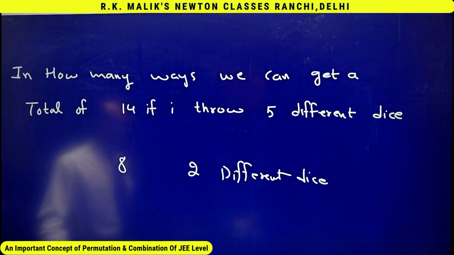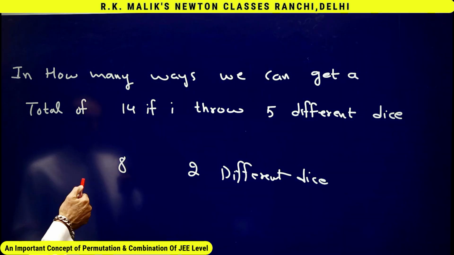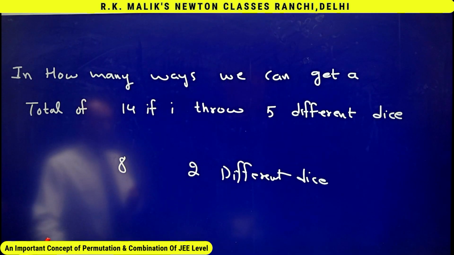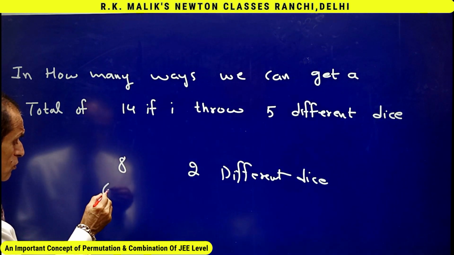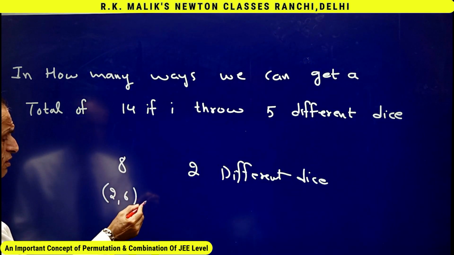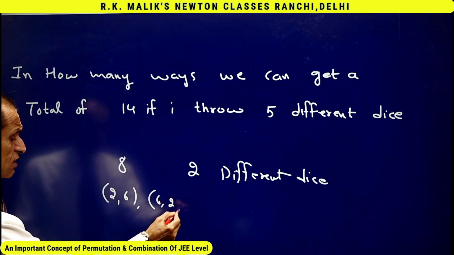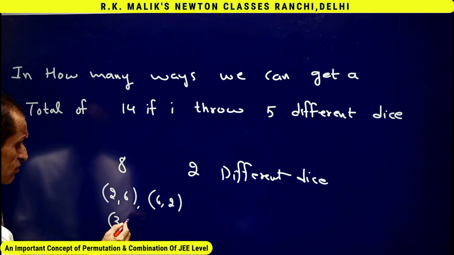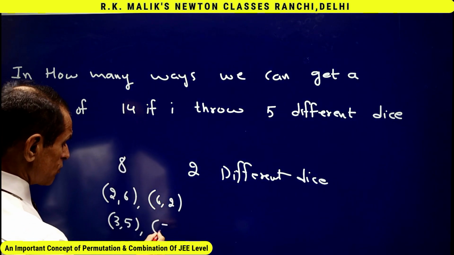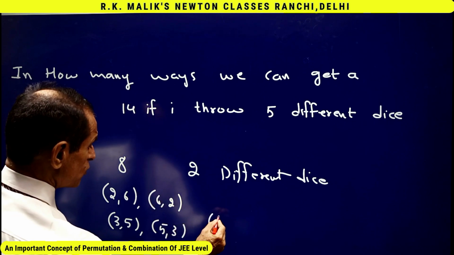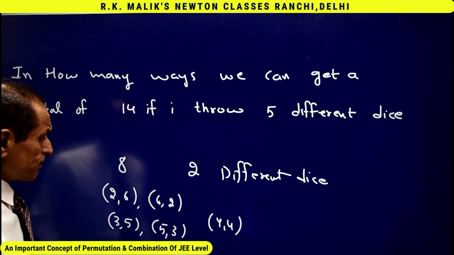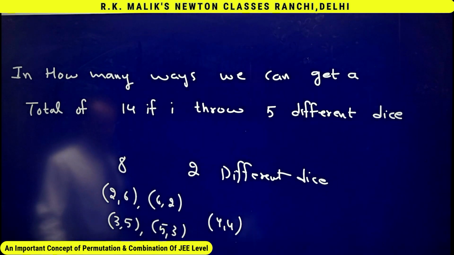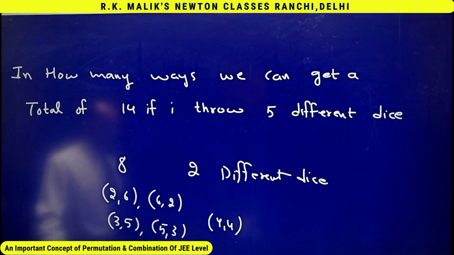This thing you must have studied in 11th and 12th class, that the possible ways in which you can get a total of 8 with the help of 2 different dice are 2 6, 6 2, 3 5, 5 3 and 4 4. That is, you can get a total of 8 with the help of 2 different dice in 5 possible ways.